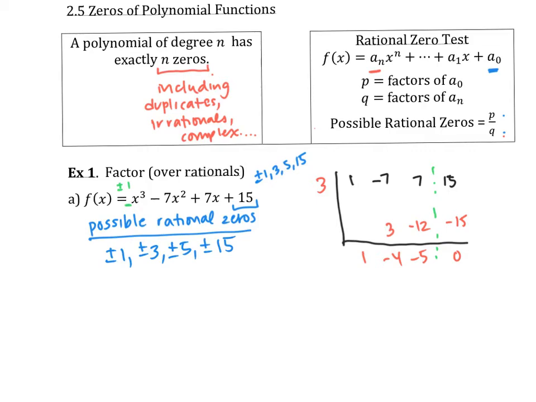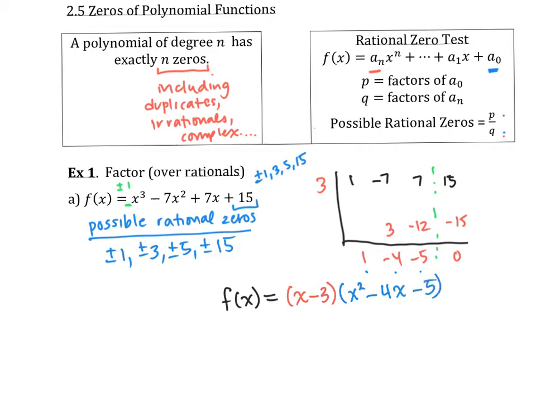The directions tell me to factor completely. Since the function is given to me as f of x equals, I'm going to use f of x equals. Because my first zero was x equals 3, it must be true that x minus 3 is a factor of the polynomial. After I did the division, I was left with this. If I translate that back into a polynomial, that's x squared minus 4x minus 5.